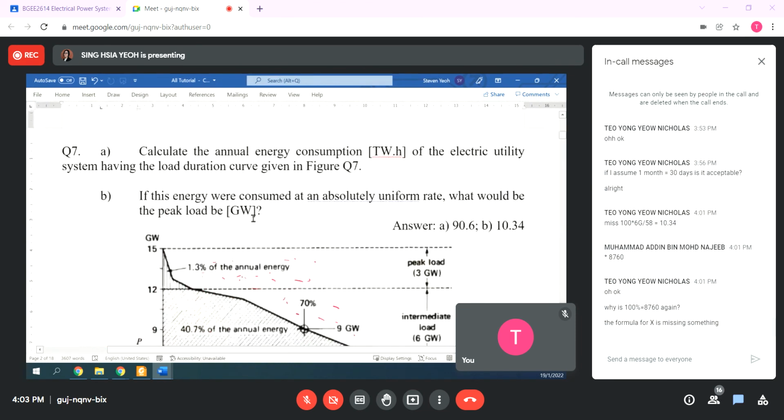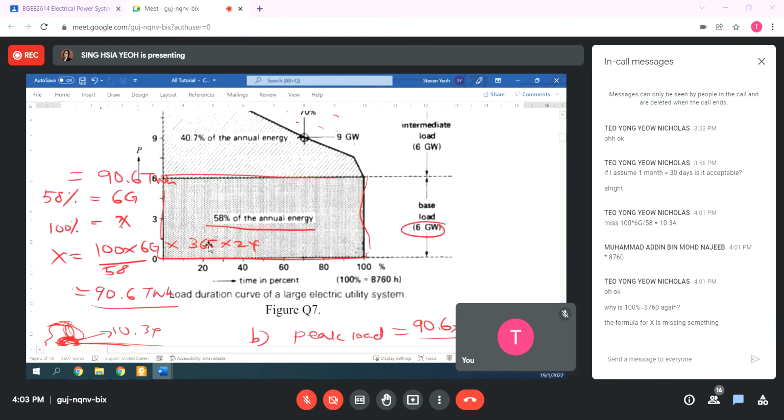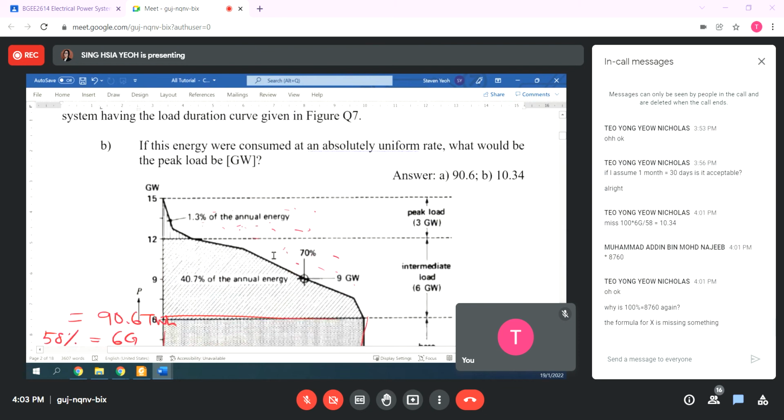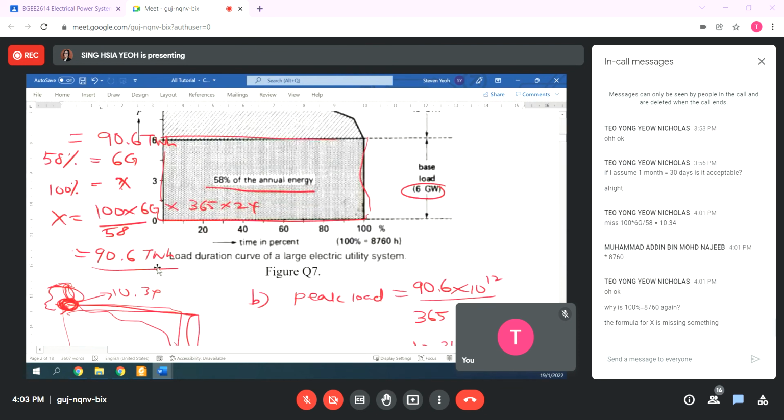Annual energy, and then they ask for what hour. Understand? Annual energy, yearly energy. So 365 times 24, in order to change it to hour, they say they want terawatt hour. That's why my answer is terawatt hour. Okay?